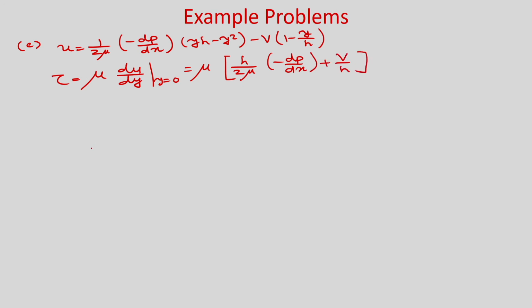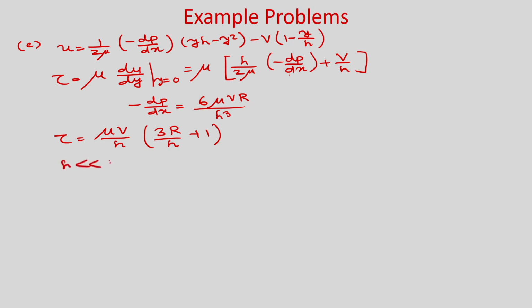Here minus dp by dx we have already found as 6 mu V r by h cube. If you put in this expression you will find tau as mu V by h into 3 r by h plus 1. H is much smaller than r.